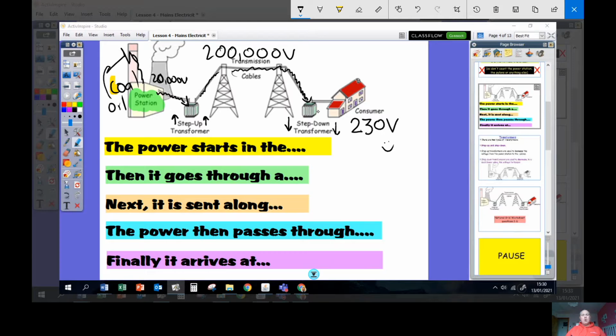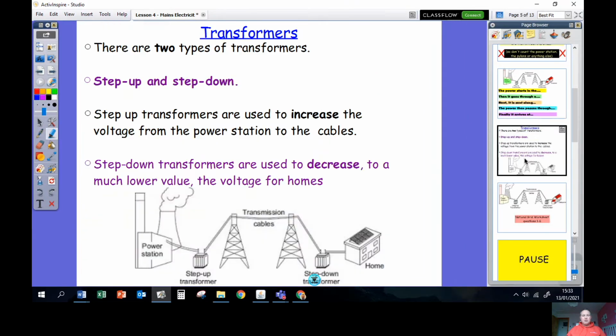But before it goes into our houses, the step-down transformer decreases the voltage to 230 volts. So that's its journey through the national grid. Step-up transformers increase the voltage, step-down transformers decrease the voltage.